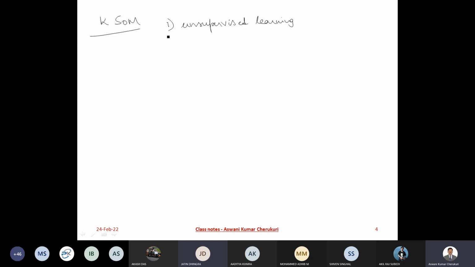Number 2, you are going to perform a kind of clustering activity by applying the network on the problems you are solving. Number 3, you have weight adjustment here, so you have the learning, and it also follows your proximity features that we have discussed, the Mexican hat.